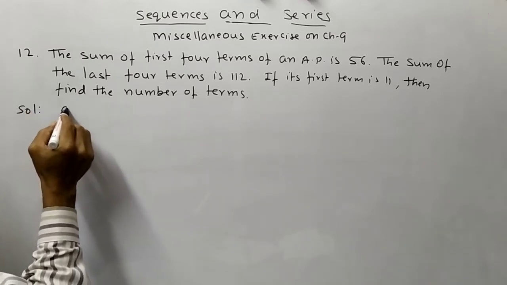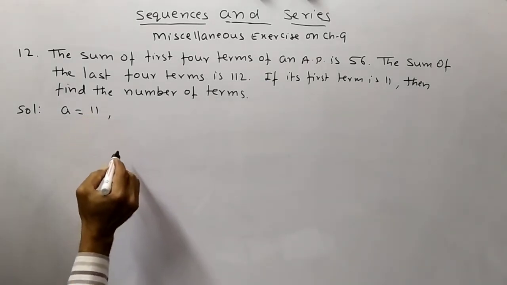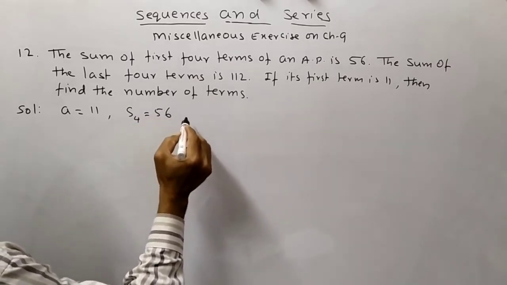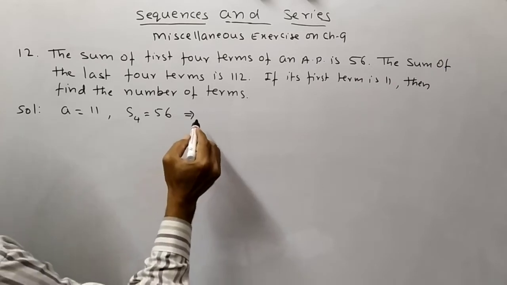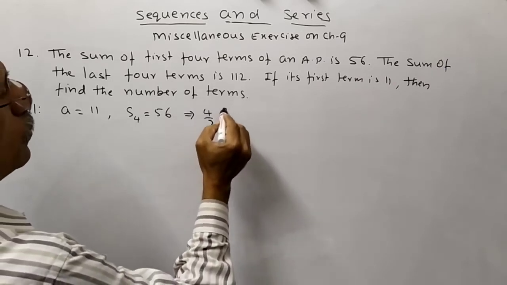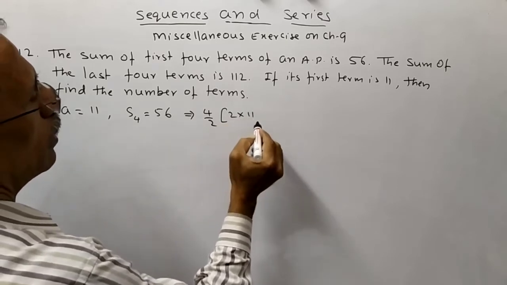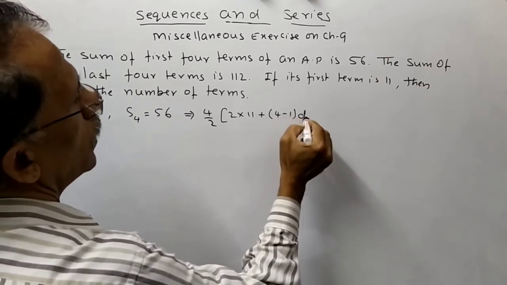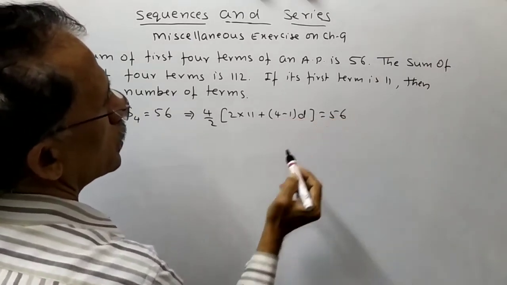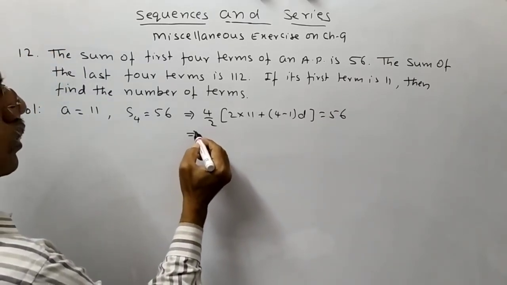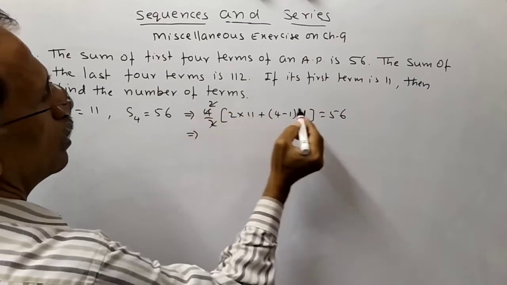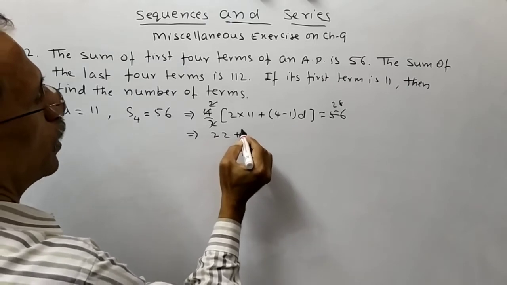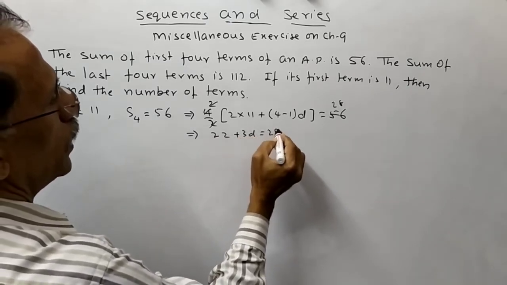We have a is equal to 11, S4 is equal to 56. This implies 4 divided by 2 into 2 into 11, that is a, plus 4 minus 1 into d is equal to 56, implies 22 plus 3d is equal to 28.